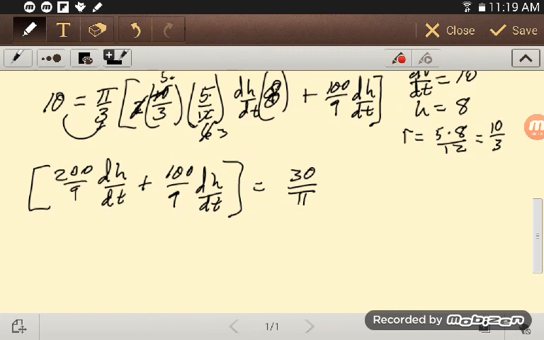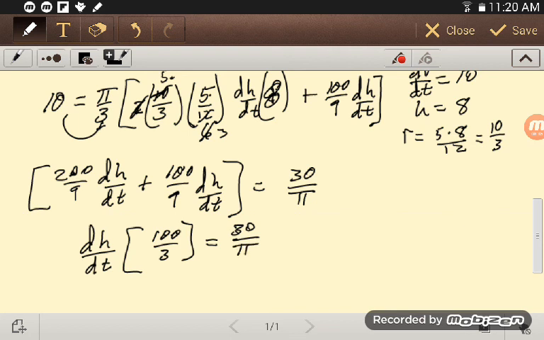Now solving for dh/dt, I have dh/dt times 300 over 9, which is the same as 100 over 3, equals 30 over pi.